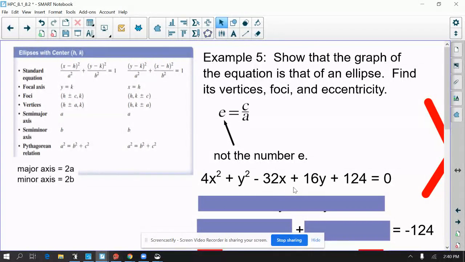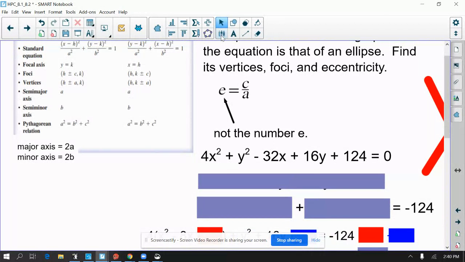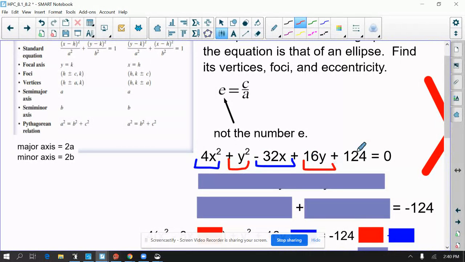So I had to complete the square twice. So I hope it makes sense that we should organize all the x's together and all the y's together and get rid of the number. So get the number on the other side of the equal sign and get all the x's together and get all the y's together.